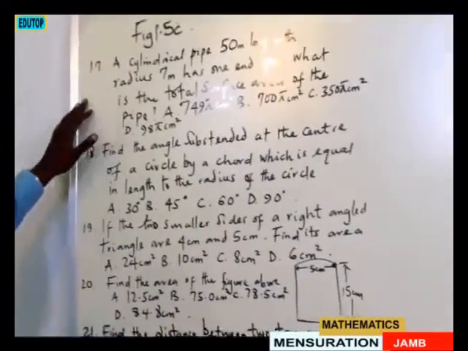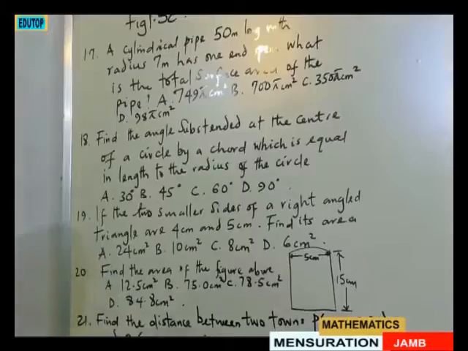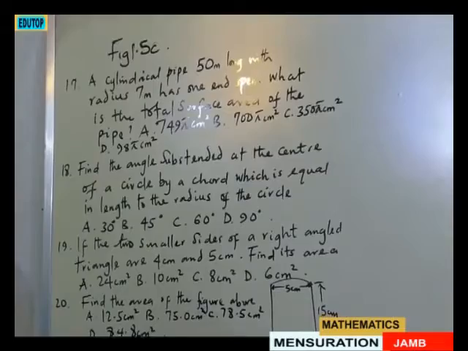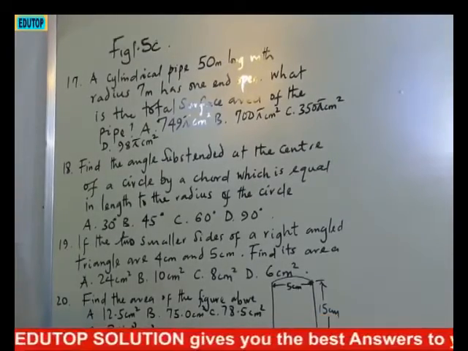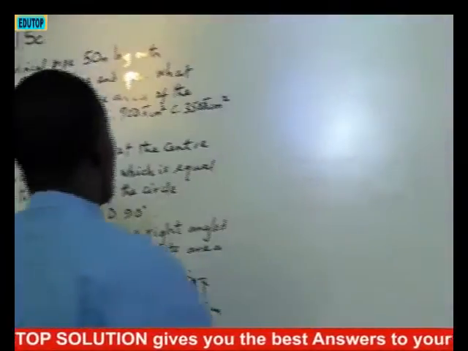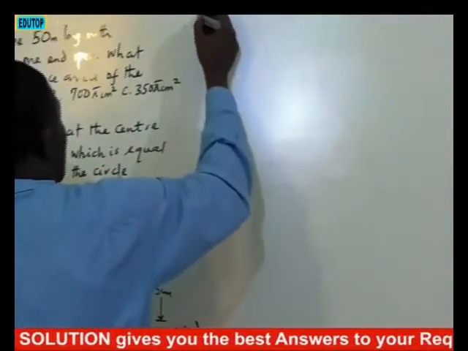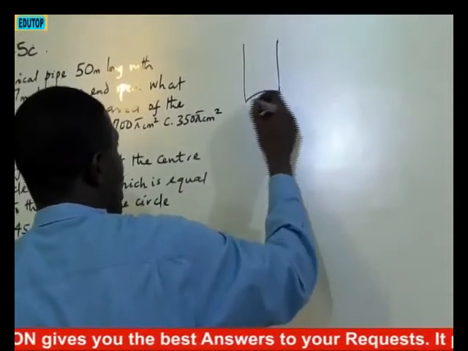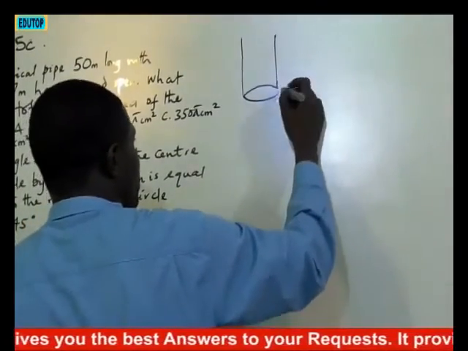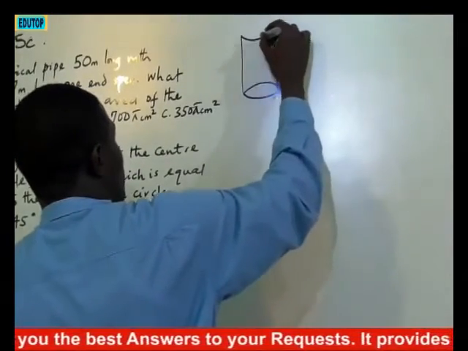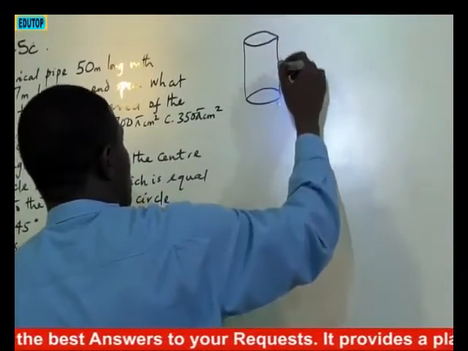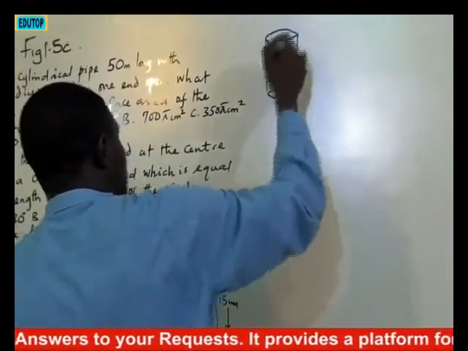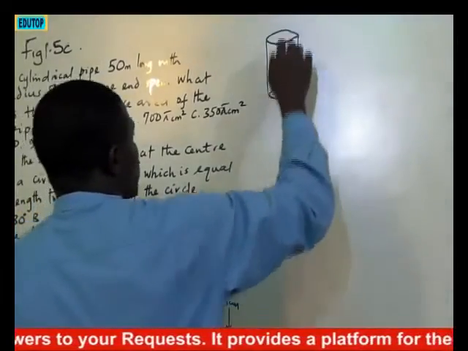Now, question 17. A cylindrical pipe 50 meters long with radius 7 meters has one end open. What is the total surface area of the pipe? In this situation, we have a cylinder. Normally, the total surface area of a cylinder is made up of the two bases.